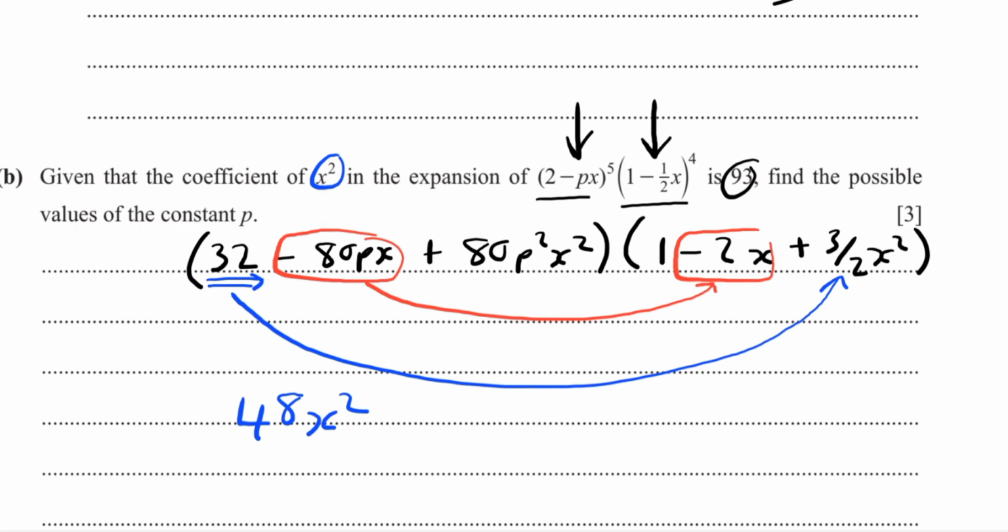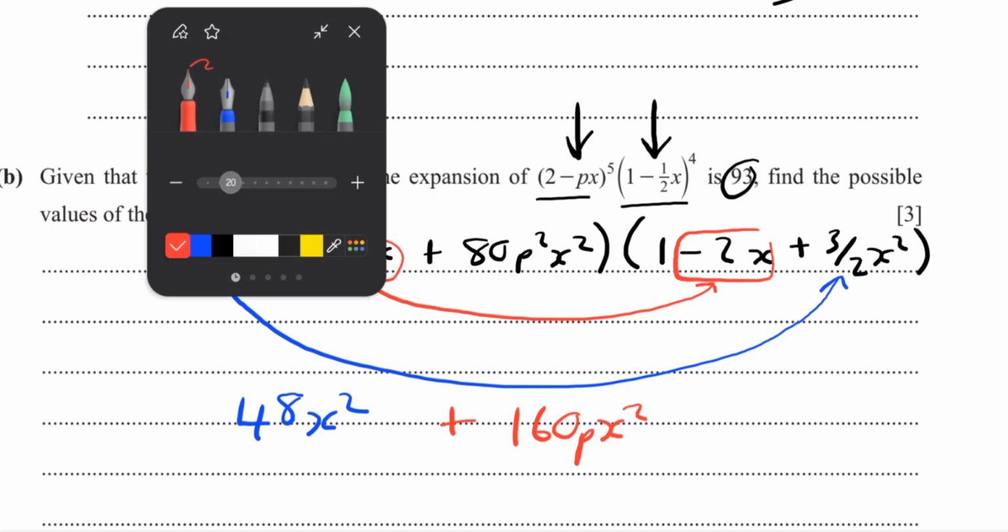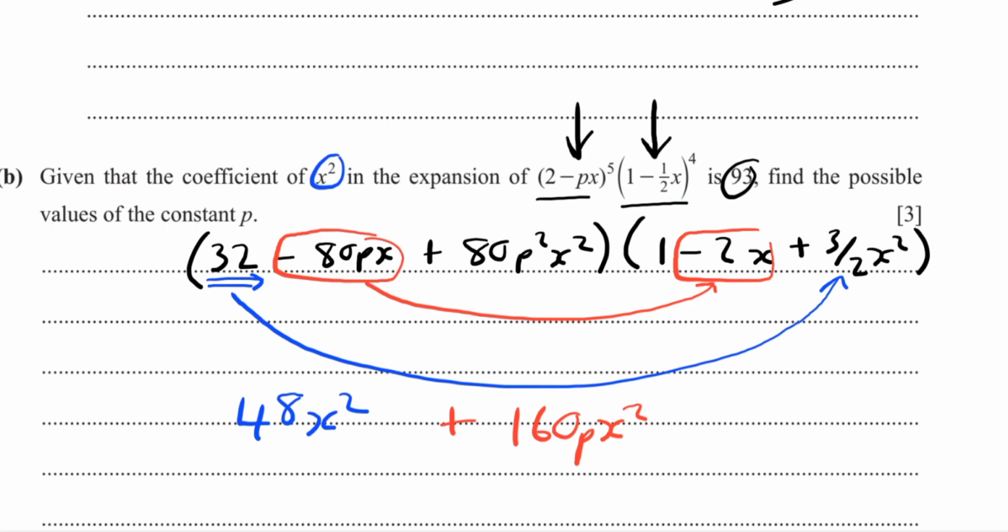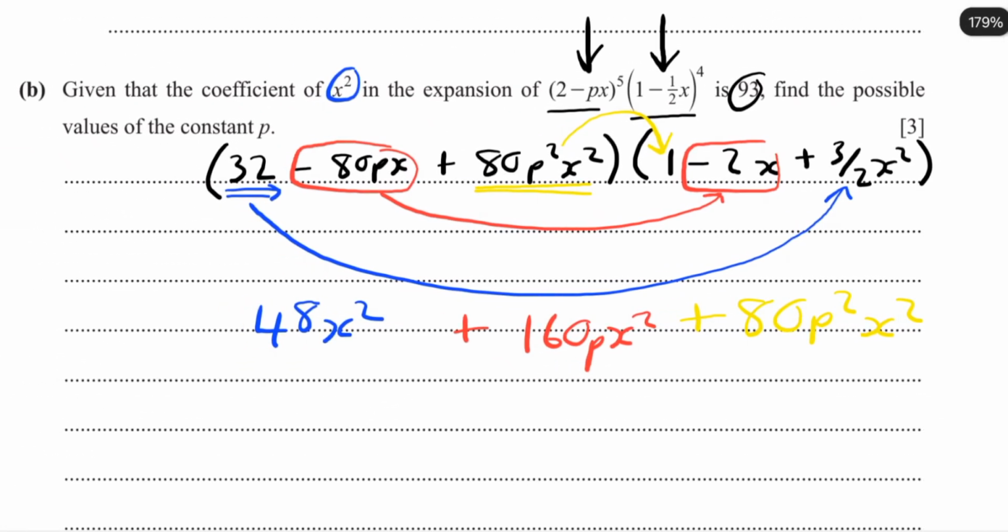If we multiply these two, we get a term in x squared, and that will be plus 160p x squared, right? And to get the last term in x squared, we'll be saying this term already in x squared being multiplied by a term independent of x, which is 1, and that will give us plus 80p squared x squared, right? And these are the terms in x squared that we get after expanding this, right?